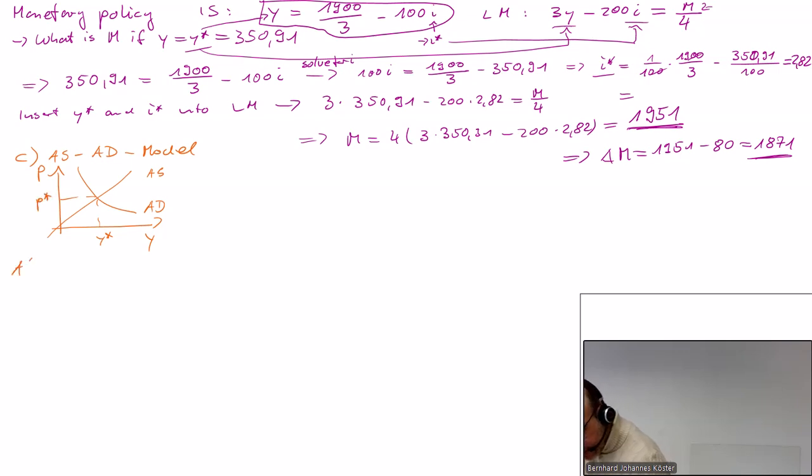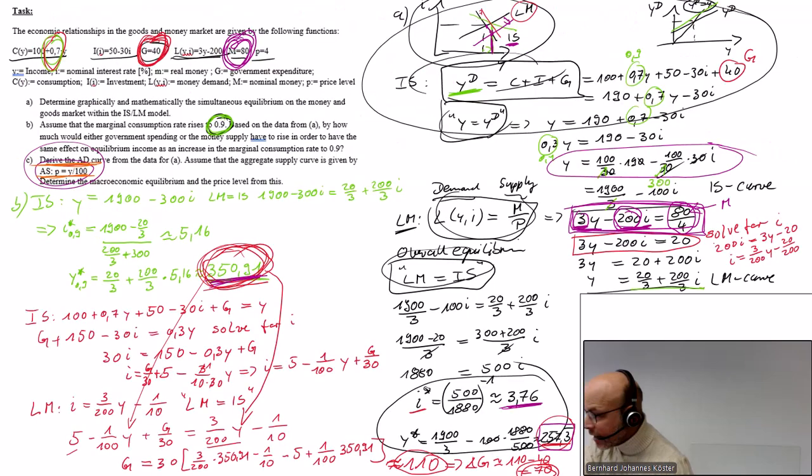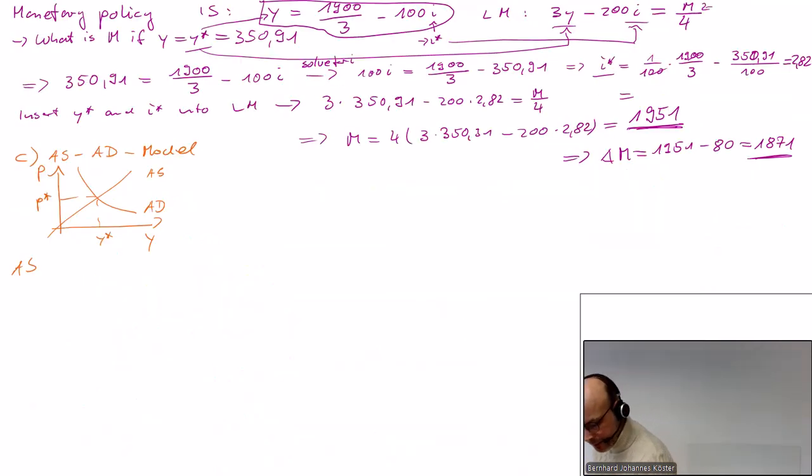Well, AS we have given directly in our exercise, P equals y over 100. And the AD curve we have derived in our lecture from the ISLM model, now with flexible prices. And prices in the LM curve we had here.